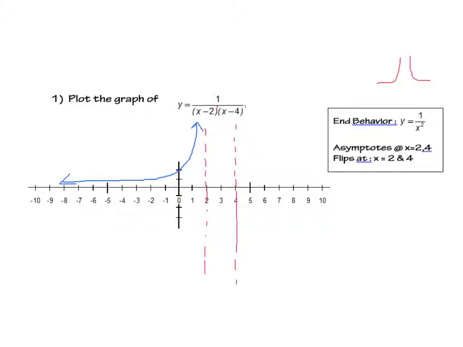Now, because that asymptote is raised to the first power, right here, x minus 2, raised to the first power, then at that point I have to flip, which means since I'm headed way upward, I'm going to flip down and come down to the bottom on that same asymptote on the other side. So now it's going to be like right here.